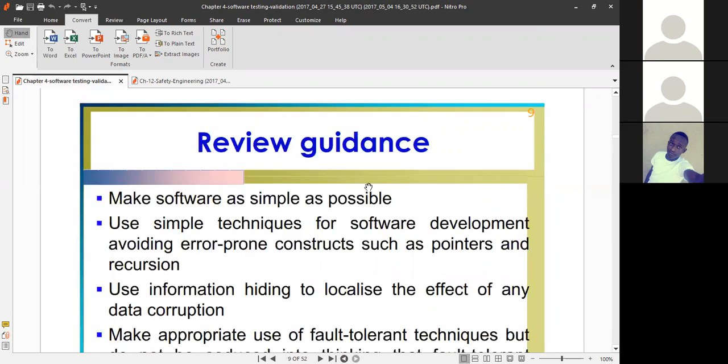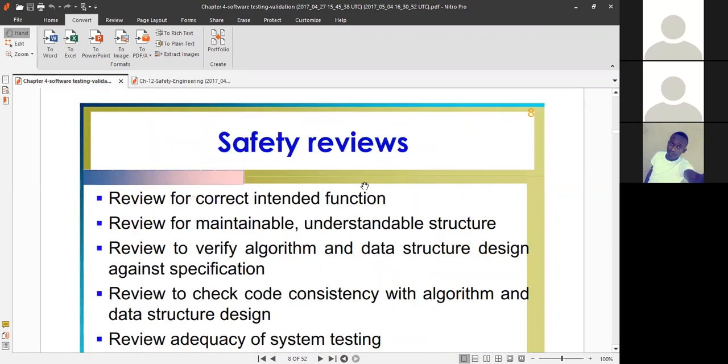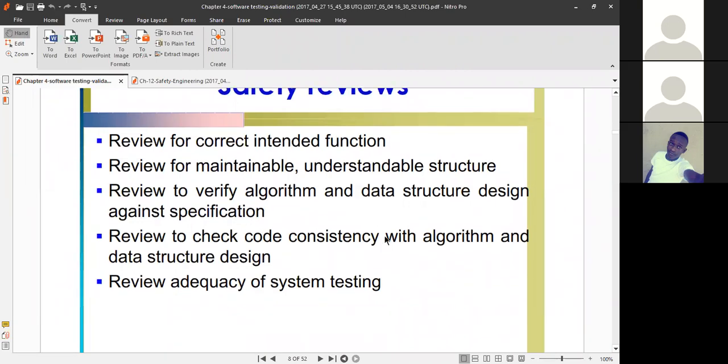Safety reviews. They are reviews for correct intended functions, reviews for maintaining algorithms and data structure design against specification, reviews for adequacy of the system testing.